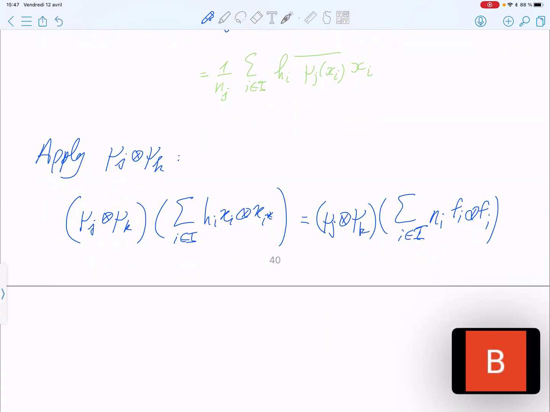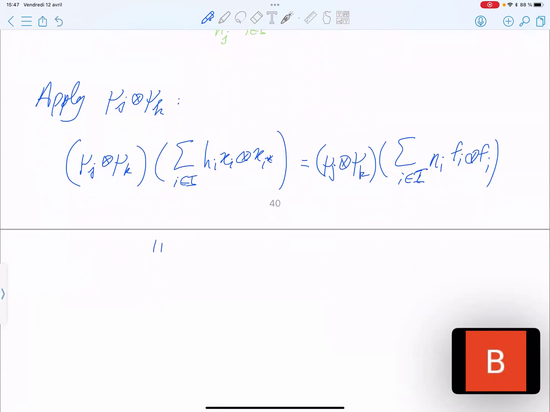So this is equal to the sum for i in I of h_i mu_j h_i mu_k h_i star.